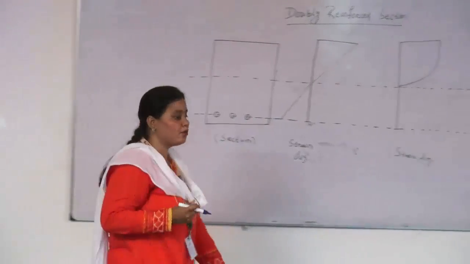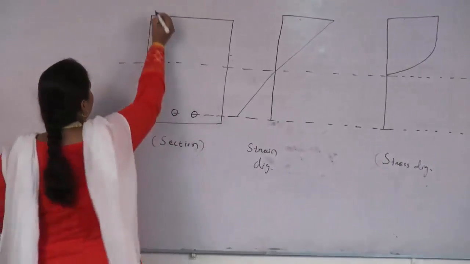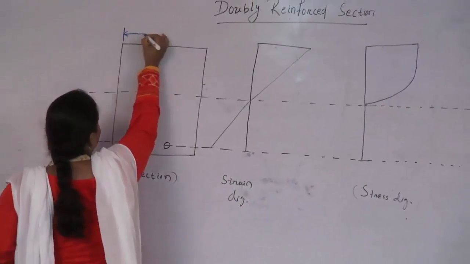Now I am going to put some values. If this is a singly reinforced section, so this is the width of the section.